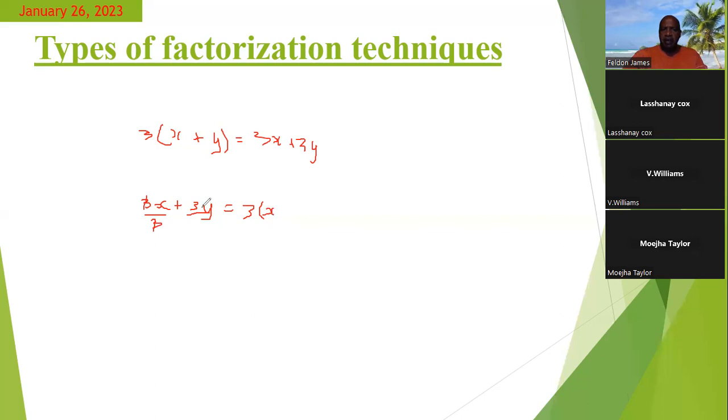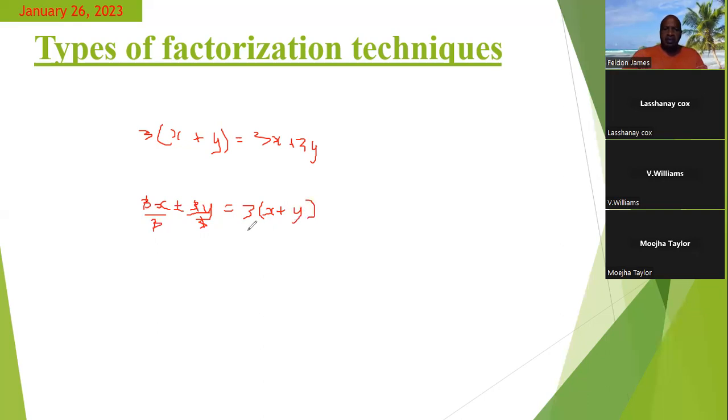If you divide the 3y by 3, the 3 cancels out again. You're left with y. Keeping the plus sign between them, you get x plus y, and then you close your brackets.